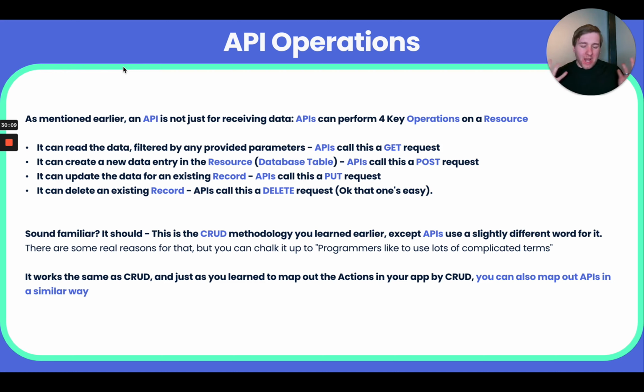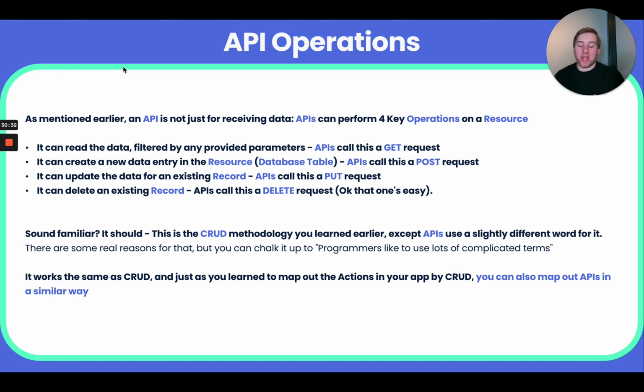And why have they got different names? Again, programmers are all very different people and like to give different names to different things. From our perspective, we're just going to treat get as read, post as create, put as update, and delete as delete. It might sound a little bit weird to get your head around, but it'll make a lot of sense really quickly.